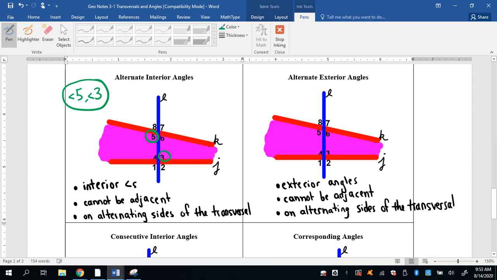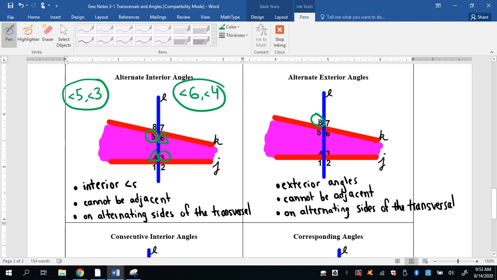Another alternate interior angle pair would be angle 6, and again on the alternate side of the transversal, but not adjacent. So angle 6 and angle 4 is another alternate interior angle pair. Alternate exterior angles, choose an exterior angle, and an alternate exterior angle pair, they have to be exterior angles.